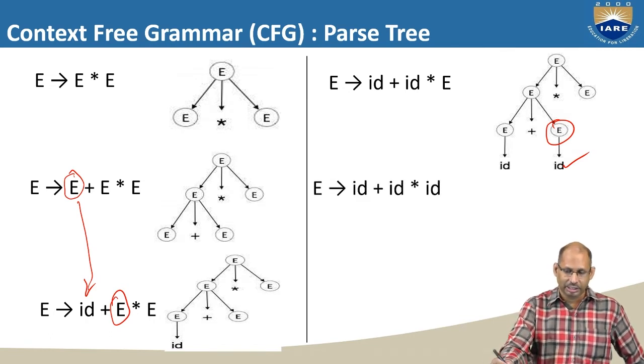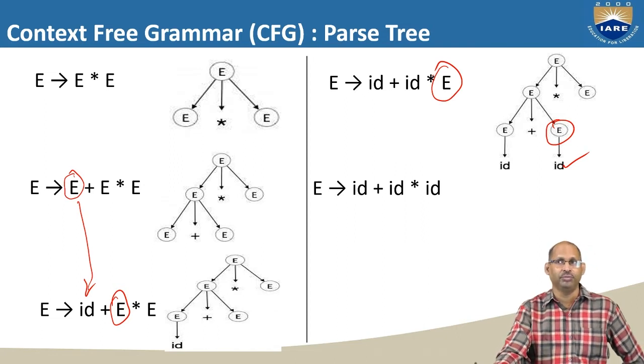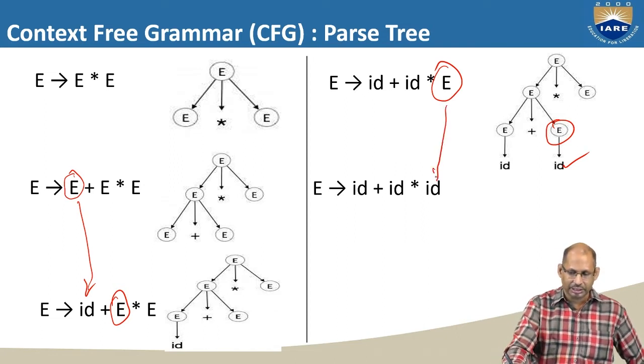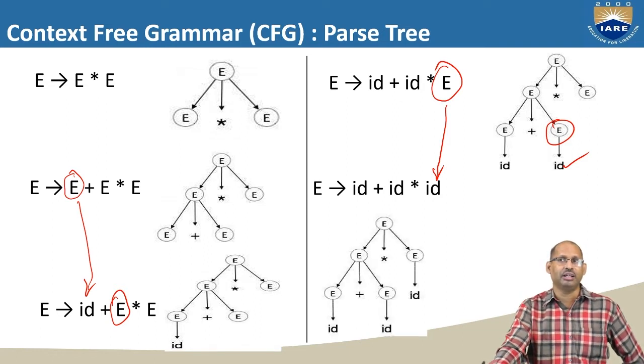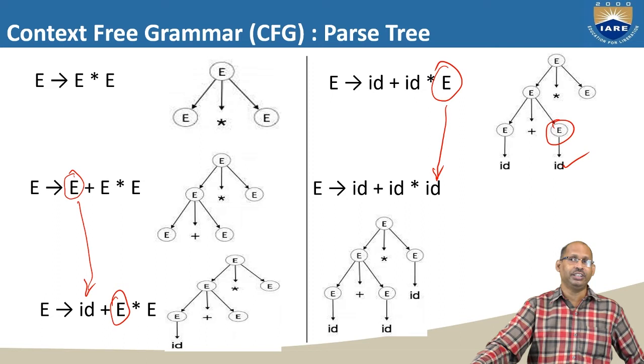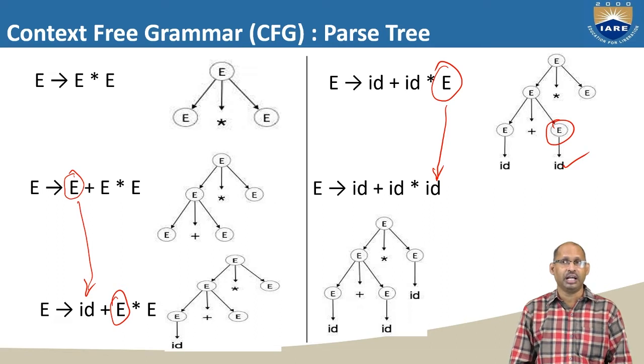Then in this one, this is the final left hand variable. The left hand variable is replaced with the terminal ID, giving the final given input string, ID plus ID into ID. So we are deriving the input string by using the leftmost derivation.